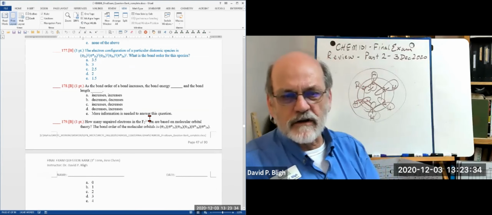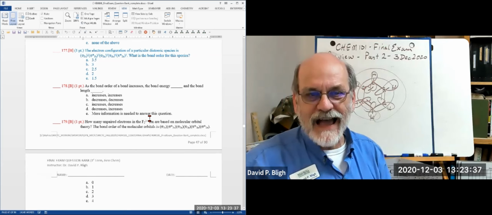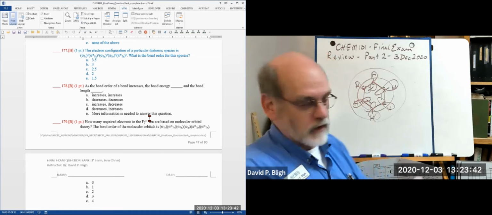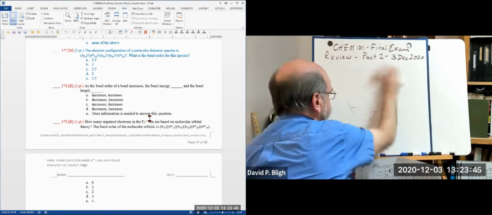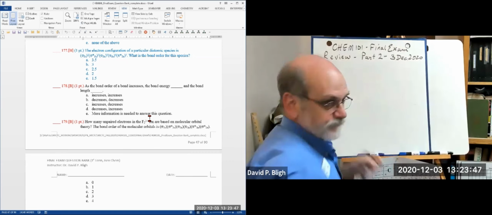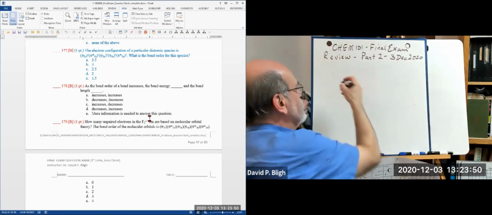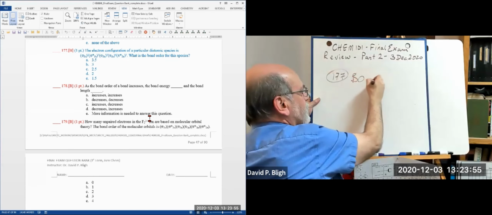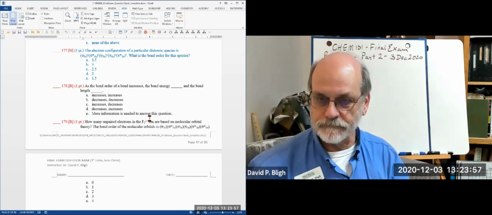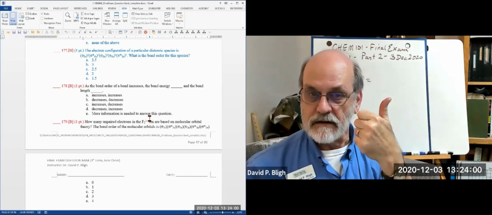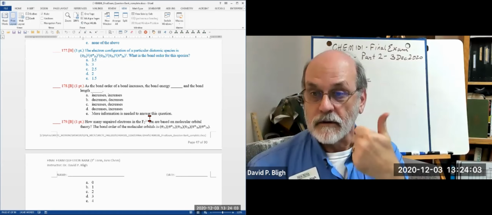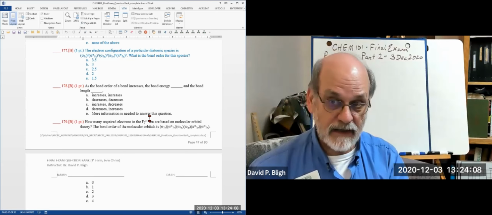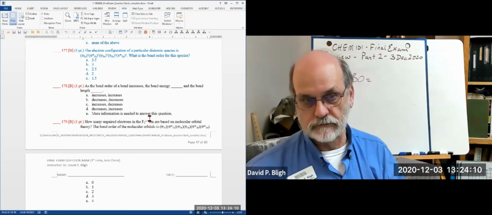The electron configuration of this particular diatomic species is that given. What's the bond order? It's a simple calculation. Bond order is the number of bonding electrons minus the number of anti-bonding electrons, divided by 2.